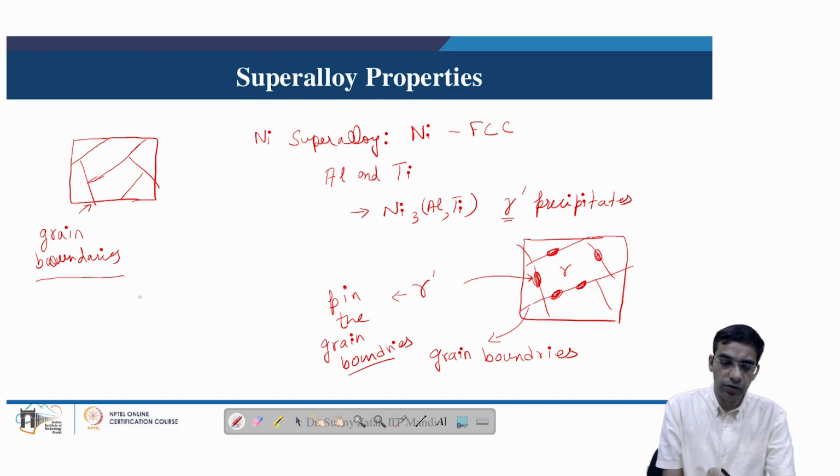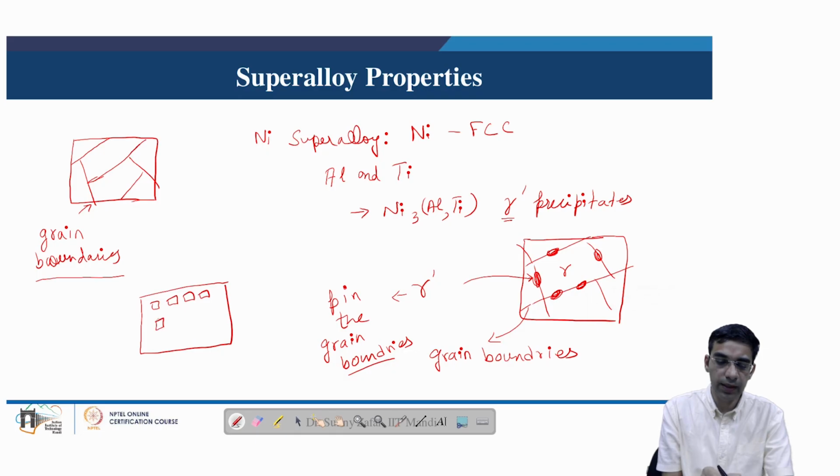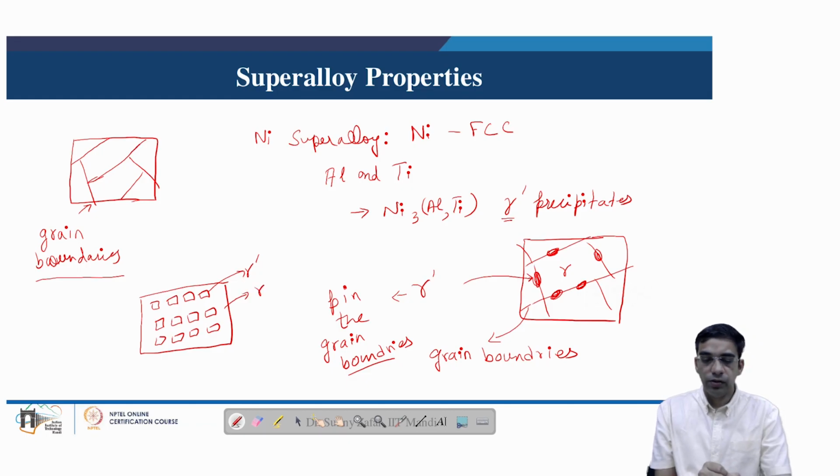When there is an absence of grain boundaries, in that scenario these gamma prime precipitates are suspended all over the microstructure in this fashion. Here we can say these are the gamma prime precipitates and this is the gamma matrix. So these gamma prime precipitates are suspended all over the microstructure of the superalloy in single crystal.